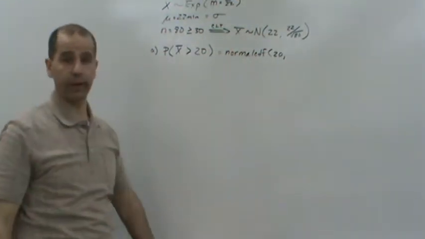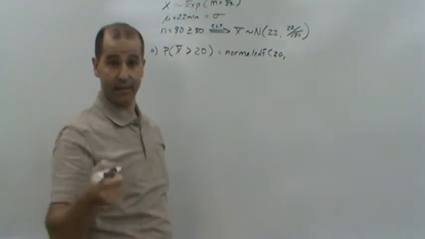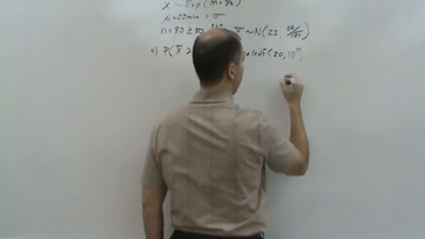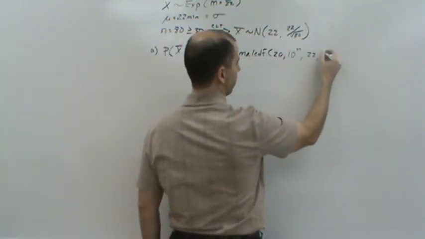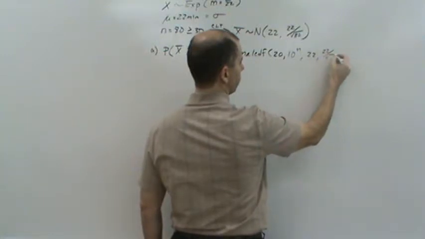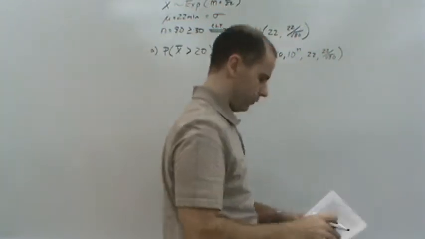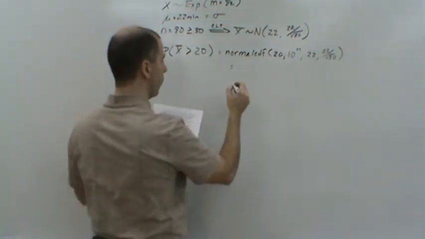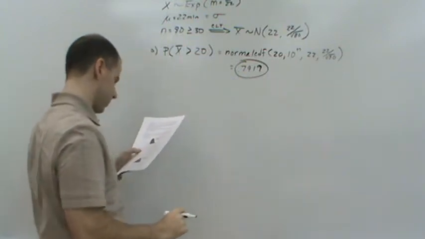So we're going to use 10 to the 99th power, followed by the mean, which is 22, followed by the standard deviation of X bar, which is 22 divided by the square root of 80. And what do we get? We get 0.7919. And that's the answer.